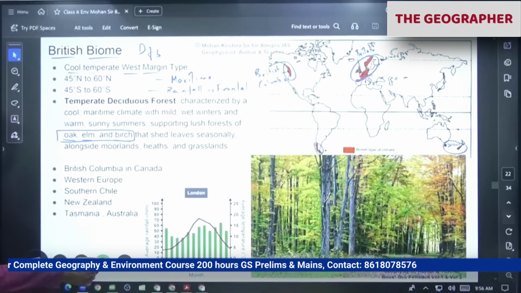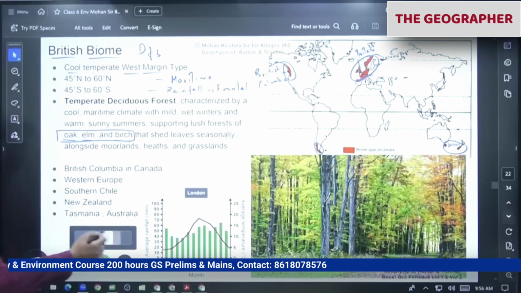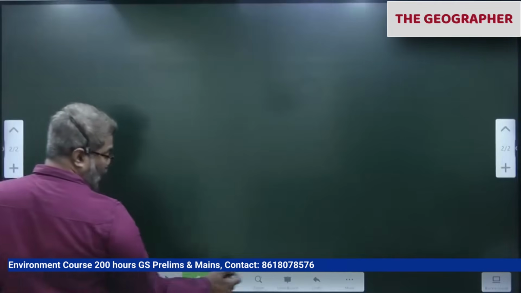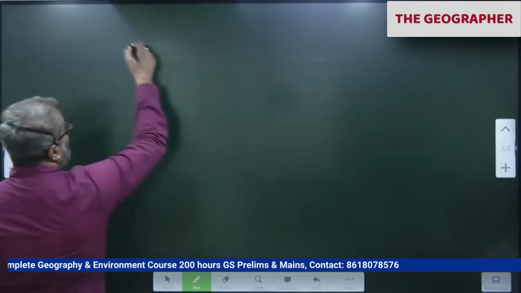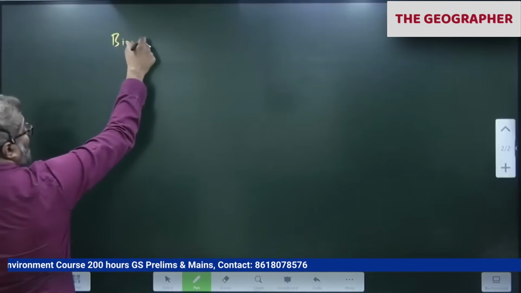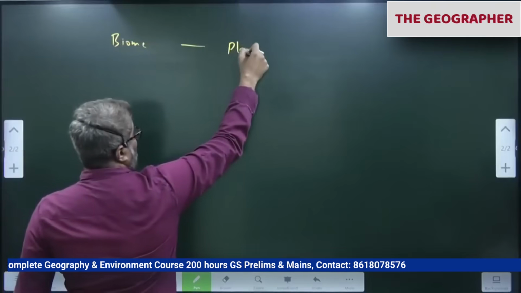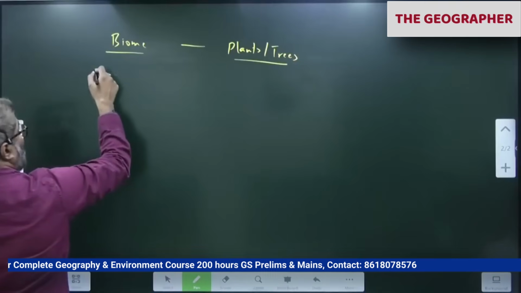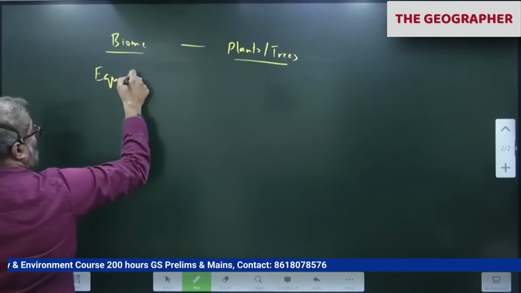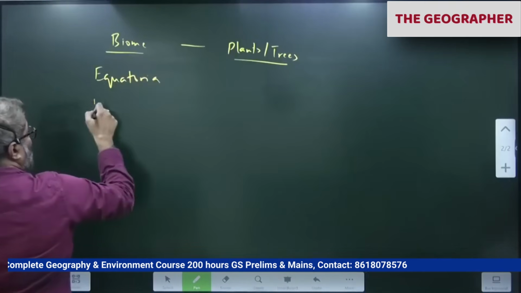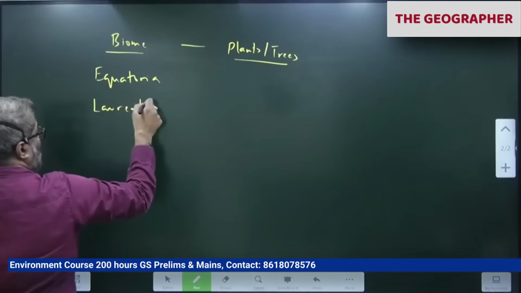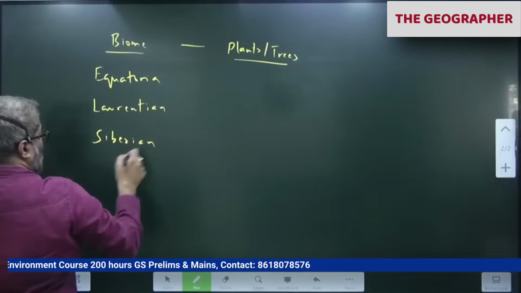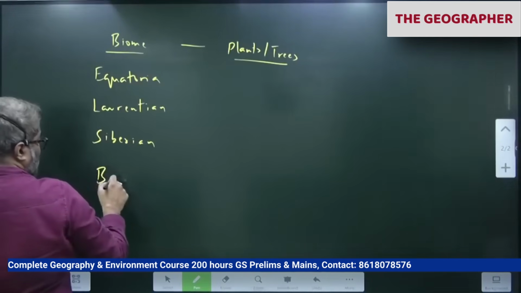This is kind of a headache topic. Now, if they have to set one question, they can set a question on vegetation. Biomes on one side, plant trees on the other side. Equatorial biome, Laurentian biome, Siberian biome, and we can take British type.